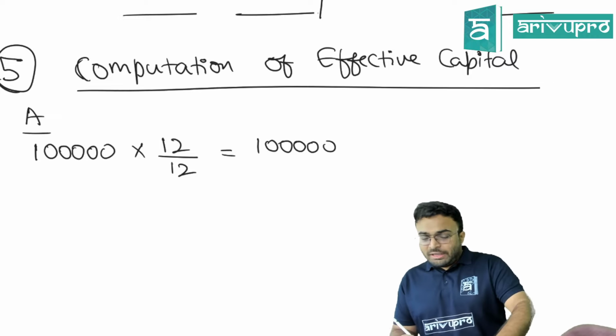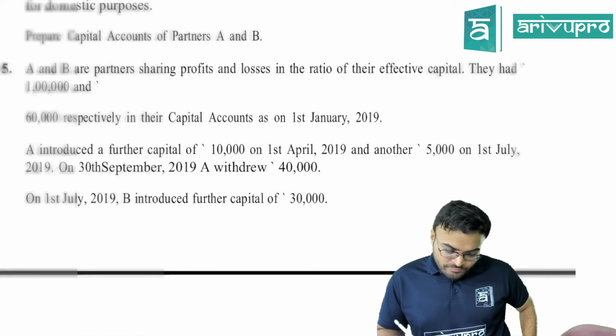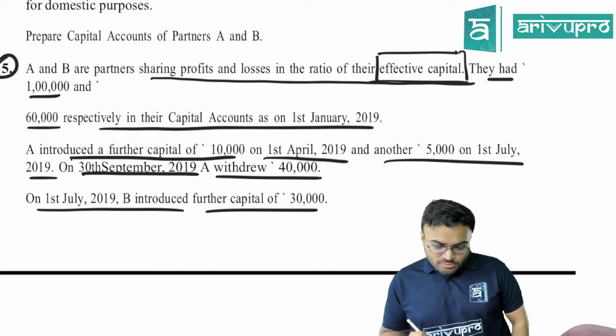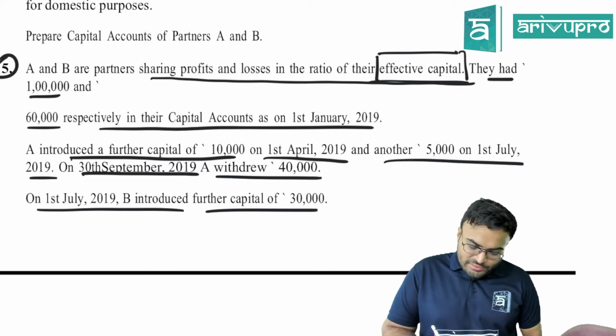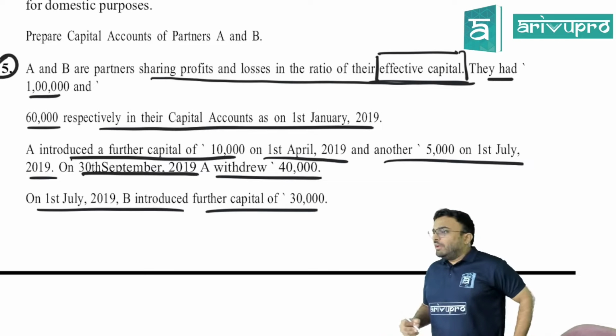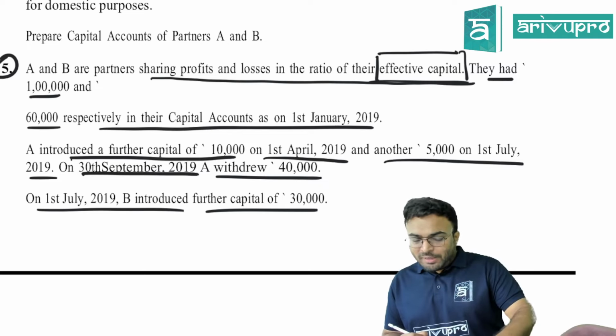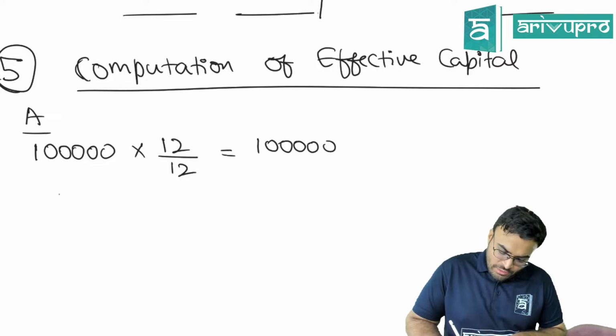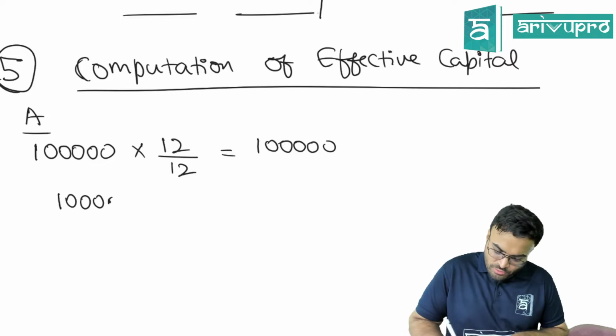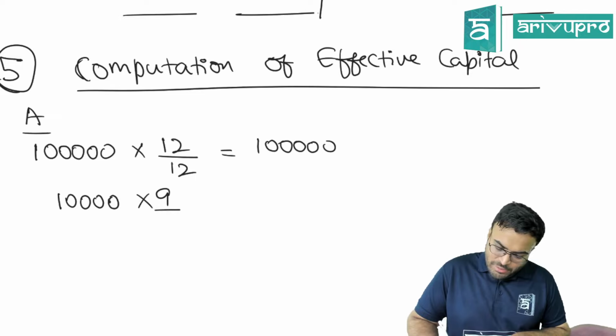Clear? Next, did they introduce? Okay, there are two alternatives. I'll teach you both. A introduced further capital of 10,000 on 1st April. So what happens? 10,000 into 9 by 12.